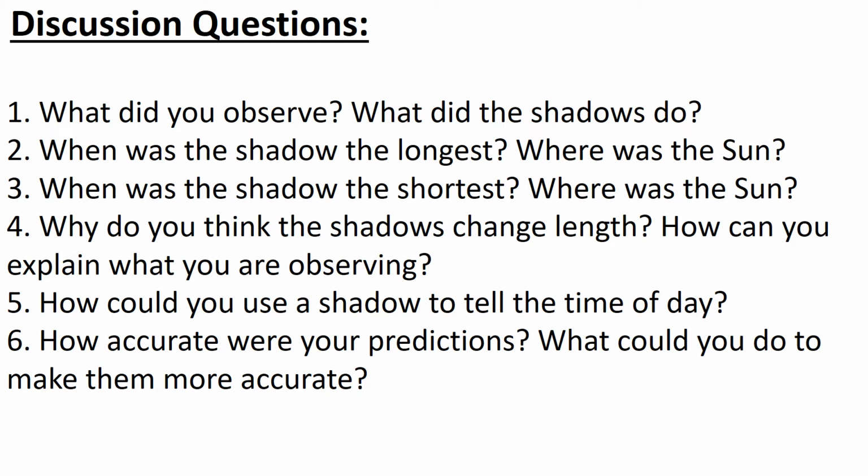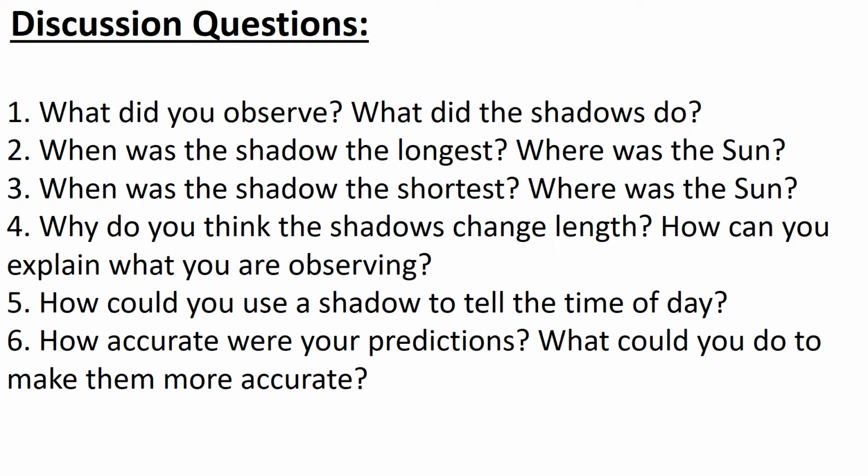When was the shadow the longest, and where was the sun? We are talking about the sundial. In the old days they used the sundial to get an idea of the time from the position of the sun.